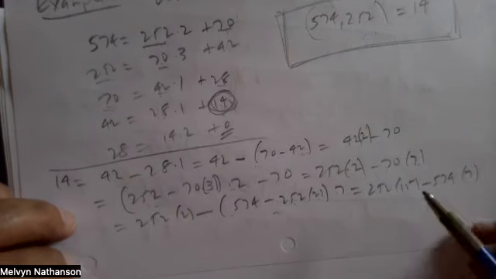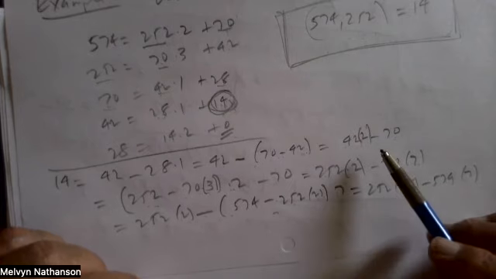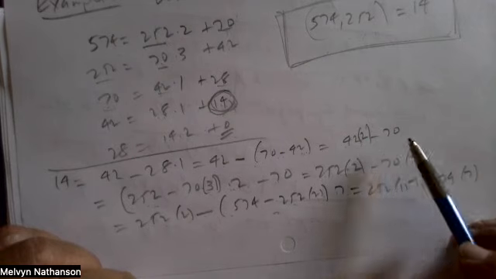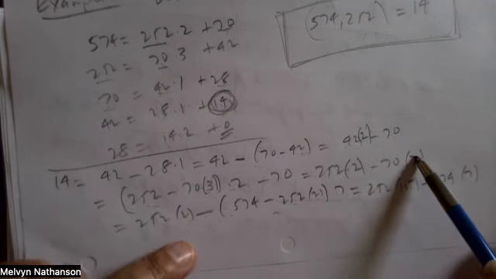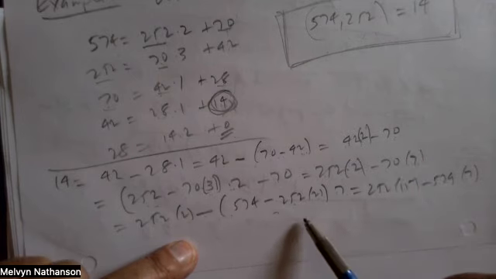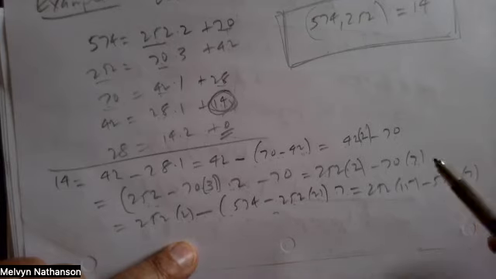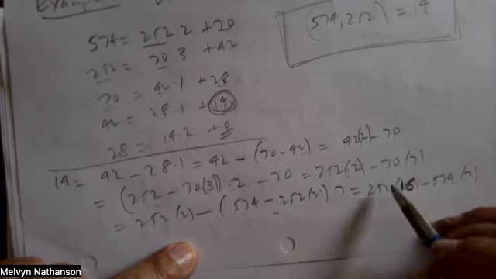Let's see. I think I made a mistake somewhere, so let me just double check. 42 times 2 minus 70. 252 times 2 minus 70 times 7. Oh, sorry. This is plus 252 times 14, and plus 252 times 2 is 252 times 16. That's correct.